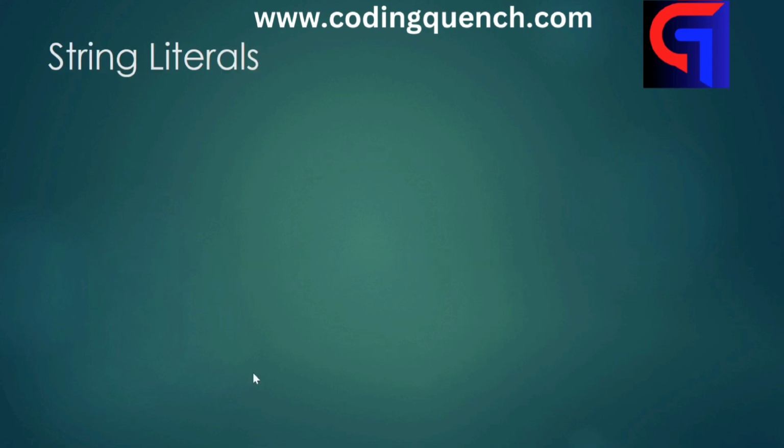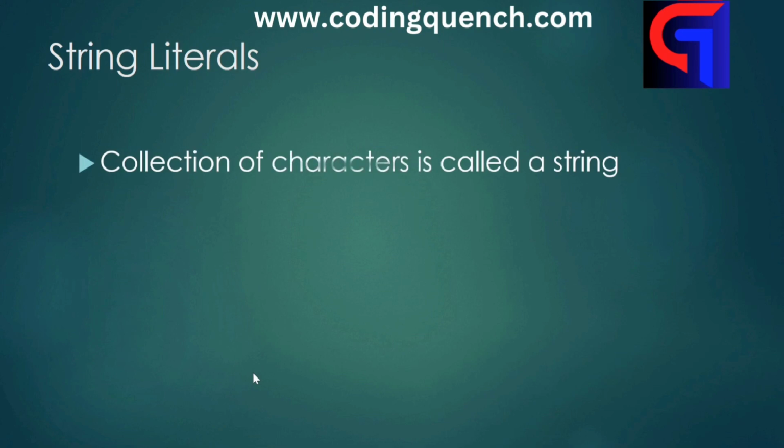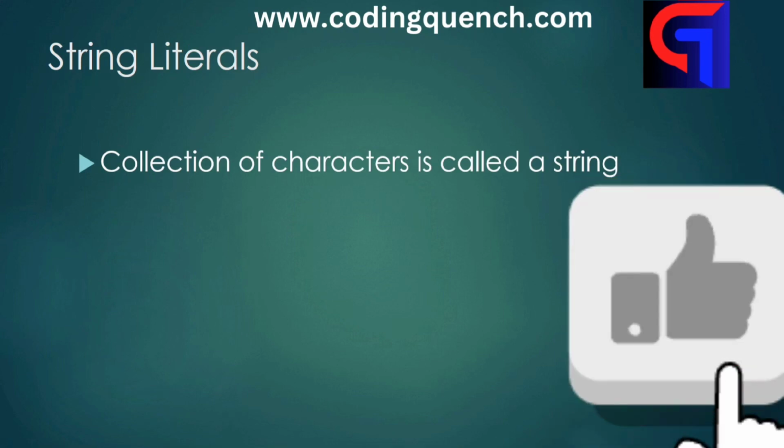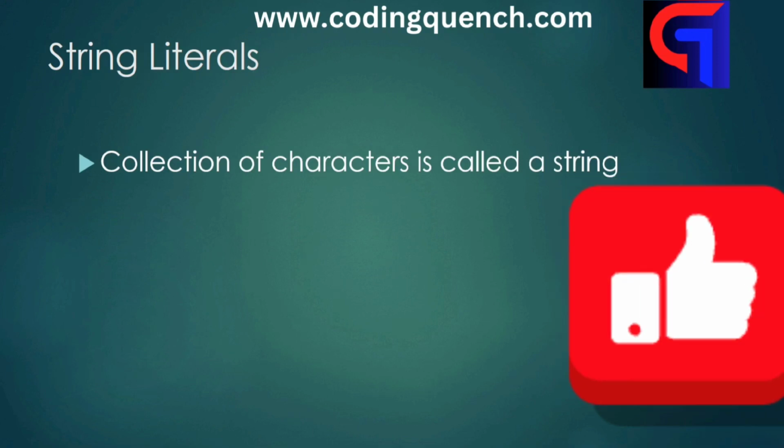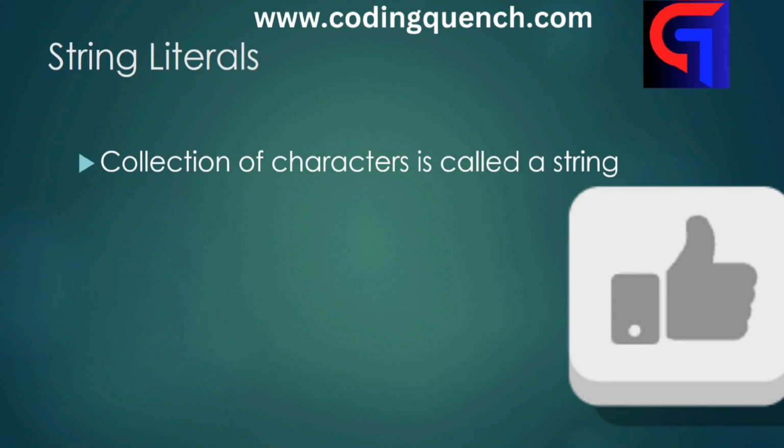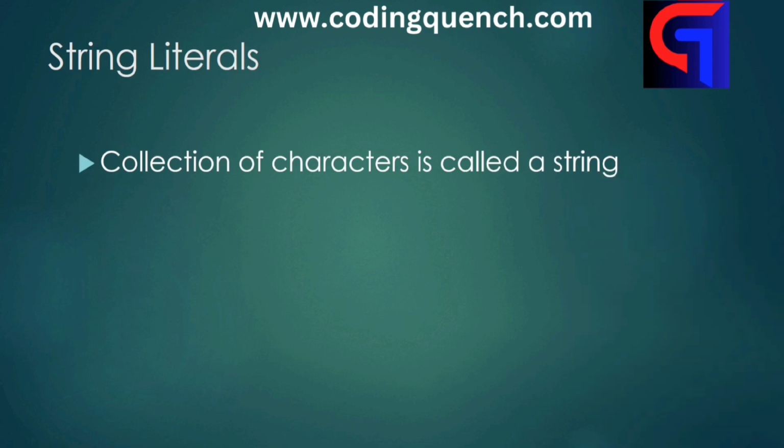String literals. String literals means a collection of characters is a string. Yes, it is a sequence of characters. Why is it a sequence of characters? If you put an input like India, INDIA, you will get output as India only. In whichever manner you enter, that order will be maintained by the string.